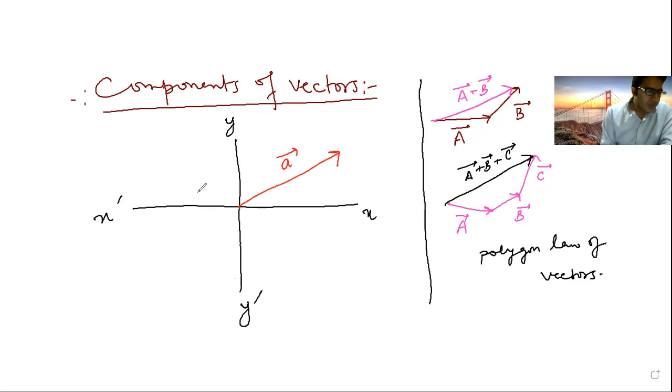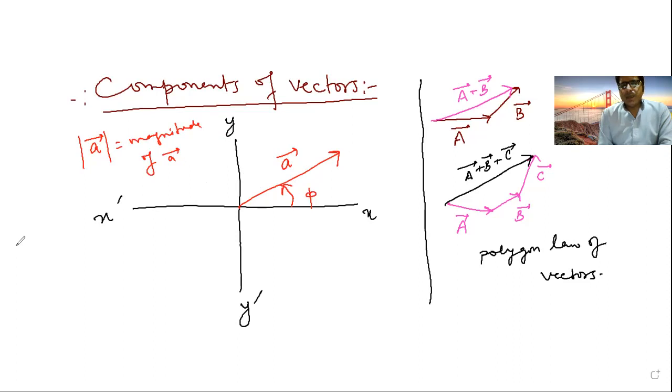Now what I do, I know this vector has a magnitude, and this vector has a direction. The magnitude is indicated by the length of the arrow, we know, and we represent that this way. This is the magnitude of A. And how do we specify the direction? Direction is indicated by this angle that we call phi.